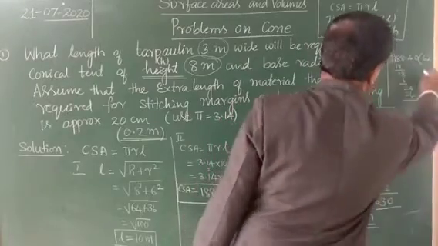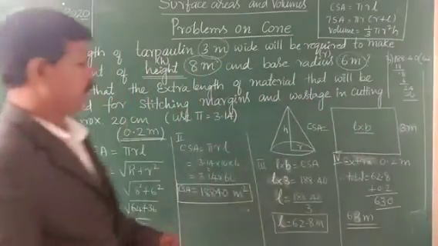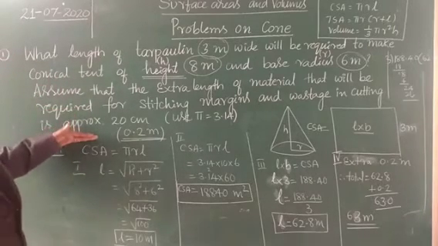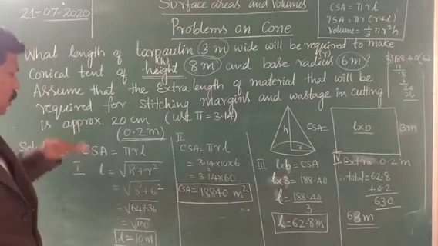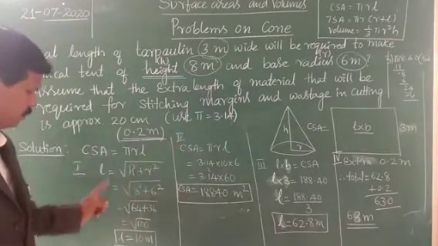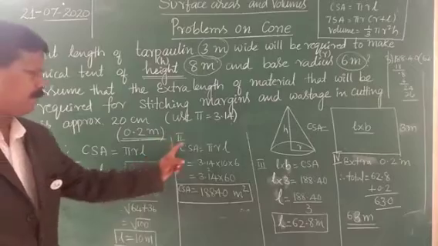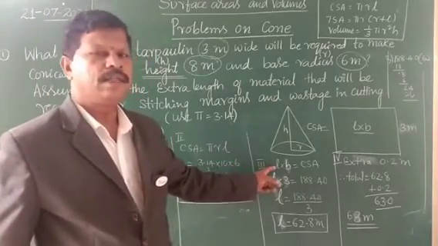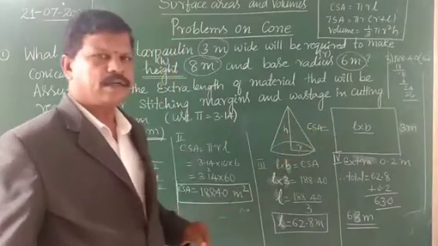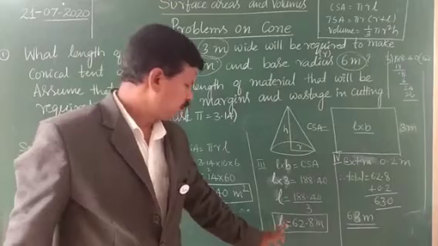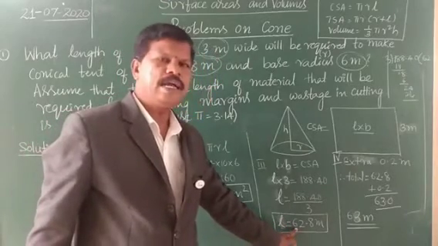Clear? Are you clear this? So first take the formula pi R L. In that L we don't know. Using H and R, first find out L, then find out CSA. Compare this CSA with the length and breadth of the rectangular cloth. So you will know the length, 62.8 meter.